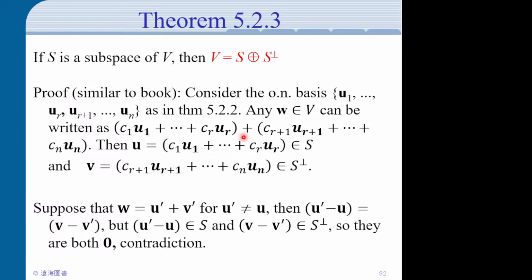The proof here is similar to the book, but here we don't actually use the fact that we have an orthonormal set, though you can see this nicely with an orthonormal basis. In particular, S and S perpendicular can have orthonormal bases. So we can write an orthogonal basis for V, where the first r elements are an orthogonal basis for S and the n minus r elements are an orthogonal basis for S perpendicular.